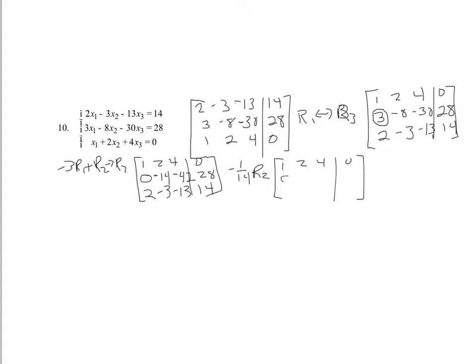Middle row will be 0. -14 times -1/14 is 1. -1/14 times -42, you got really lucky because 14 goes into 42 evenly. That becomes a 3. And -1/14 times 28, 14 goes into 28 evenly, you're going to have a -2.